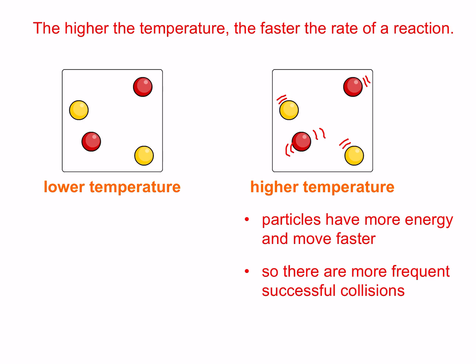If we increase the temperature, more particles are going to have the activation energy, so more of the collisions will have the activation energy. So if we increase the temperature, the particles have more energy and move faster. There are more frequent collisions, and more of the collisions have the activation energy. That's why more of them are successful.